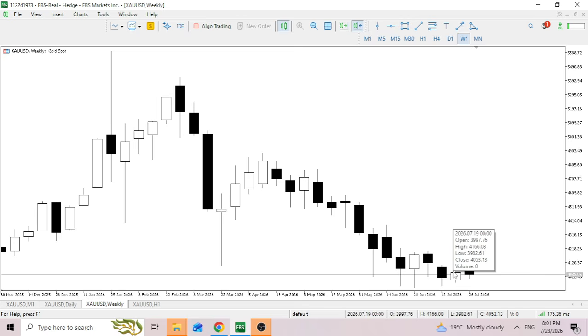Previous week percentage change, how much did it change? I said the opening price is 39.97, that's 97.76 minus 41, 40.53, .13. I'm getting 55 range.